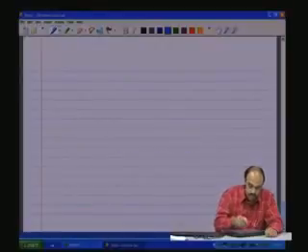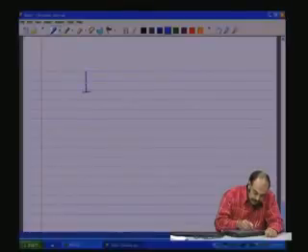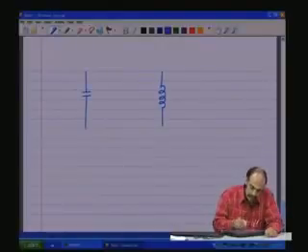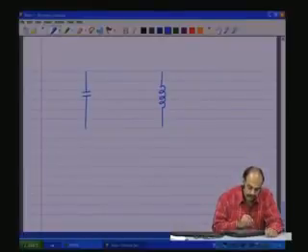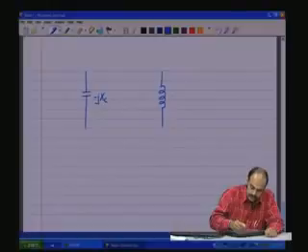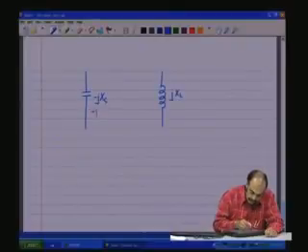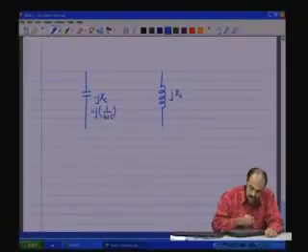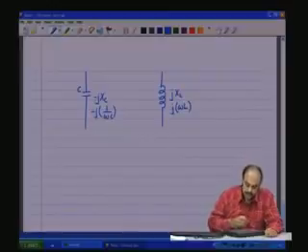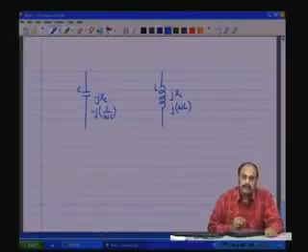Summarizing, for the steady state sinusoidal condition, and we should remember that this is only for the sinusoidal condition, the components C and L provide an impedance given by minus jXC and jXL. XC is 1 by omega C, so I could write it as minus j times 1 by omega C, and this is j times omega L, where C is the capacitance value and L is the inductance value.